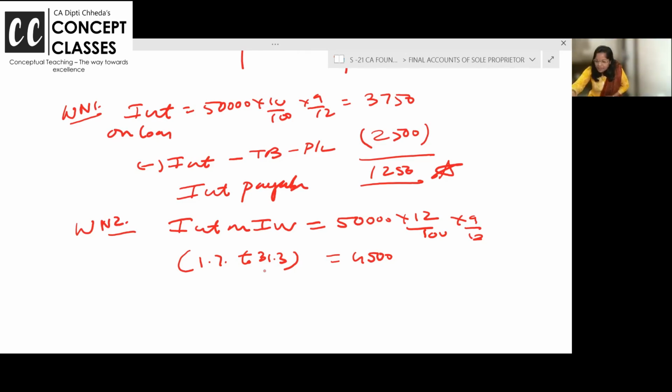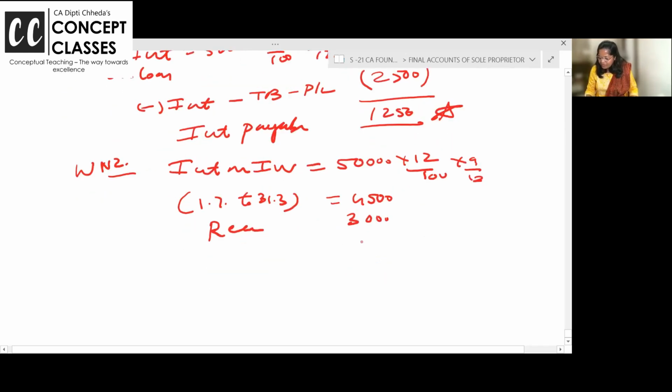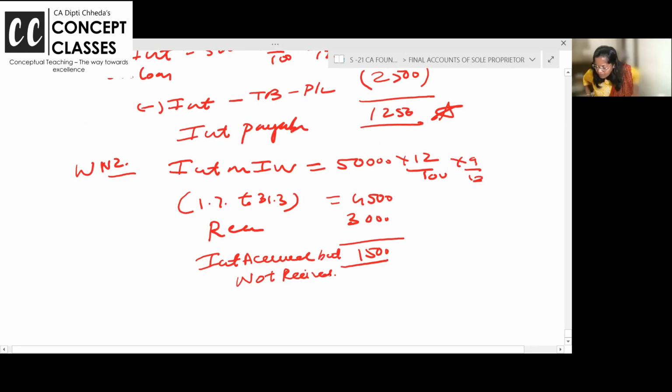Yes. Interest on investment is 4,500. Now, received is 3,000. So 1,500 is interest accrued but not received.